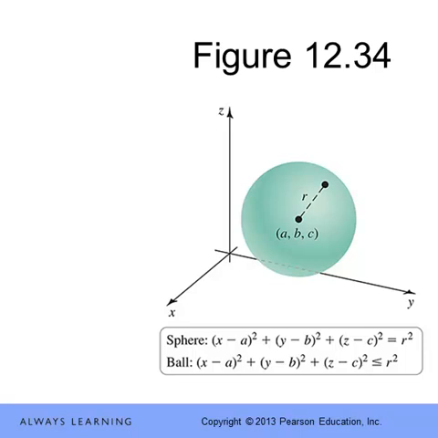So here's a picture of the sphere or ball centered at (A, B, C) with radius r.